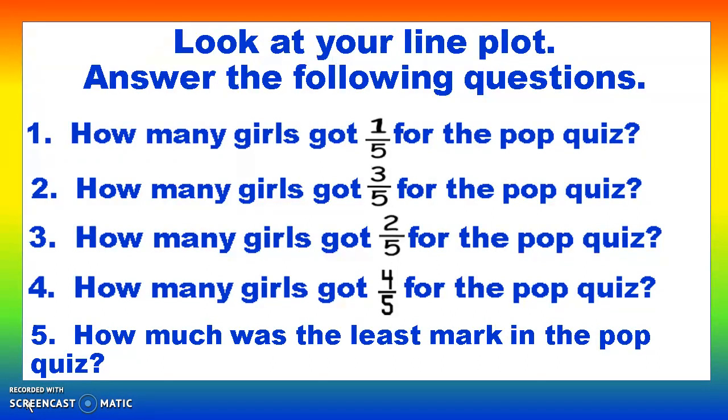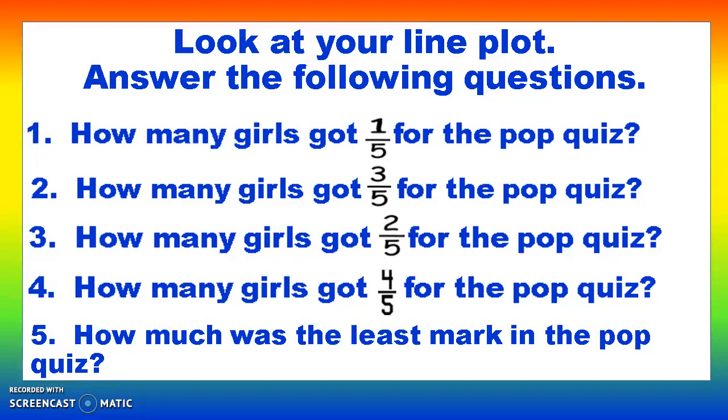Correct. 3 girls got 3/5 for the pop quiz. How many girls got 2/5 for the pop quiz? Excellent. Only 1 girl got 2/5 for the pop quiz. How many girls got 4/5 for the pop quiz? You are too clever. No girls got 4/5 for the pop quiz.